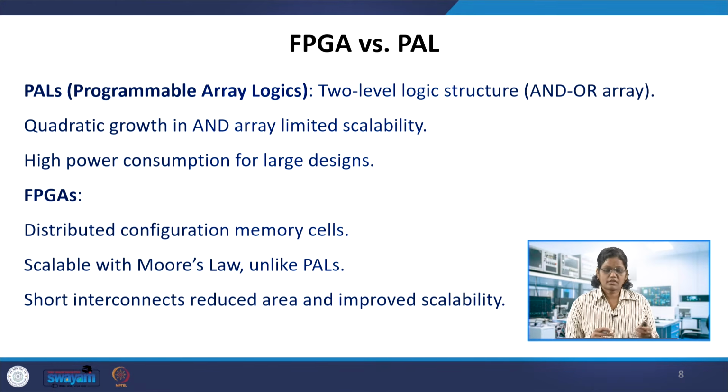So in comparison, if we take the PALs and this two-level logic structure, the AND OR arrays, FPGAs completely eliminated the AND array architecture of PAL and took over the place of PALs. There was a great replacement of PALs with FPGAs, because of the interconnects and the logic blocks, which are memory cells, and the easy adaptability of FPGAs to Moore's law and so on.